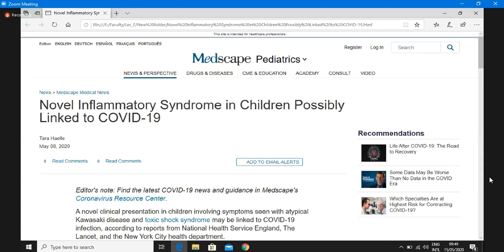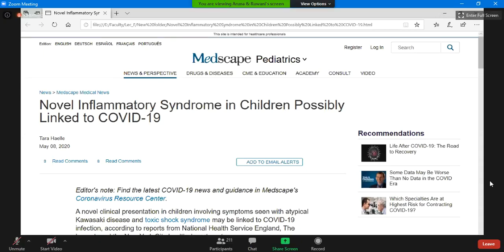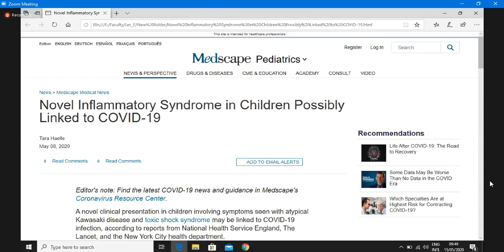Now, this is the most recent one, from the 8th of May 2020, the novel inflammatory syndrome in children possibly linked to COVID-19. There is a lot of information coming from the West and the US that patients who are positive for COVID-19 present with features suggestive of Kawasaki disease.